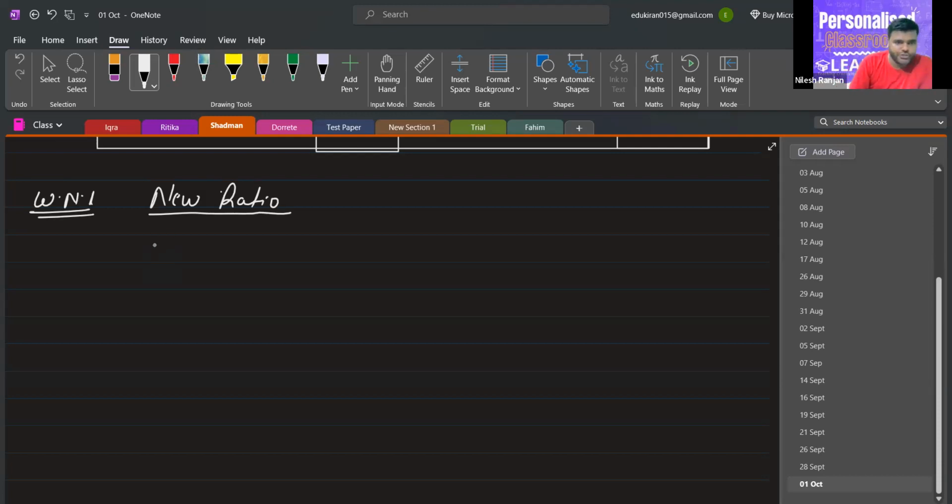So new ratio. Now the profit sharing ratio of A and B is 3:1 and they admitted C for 1/4 share. There is no information apart from these two. So it is the first case. Let the total profit share of the firm be 1.